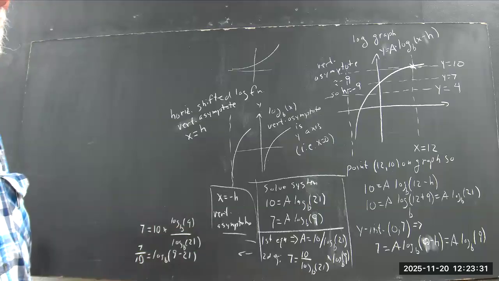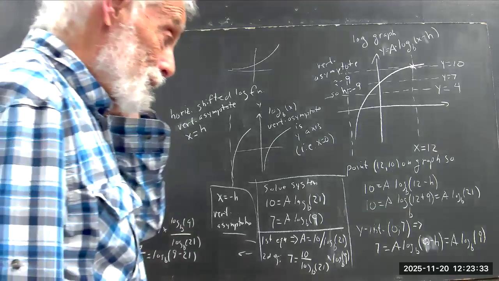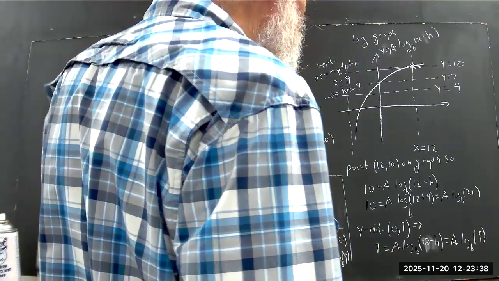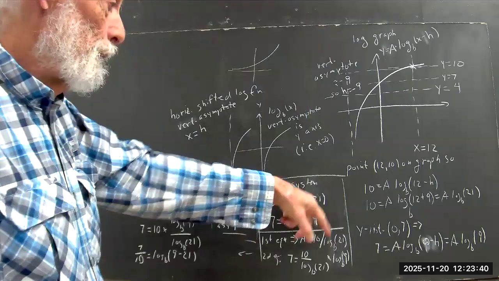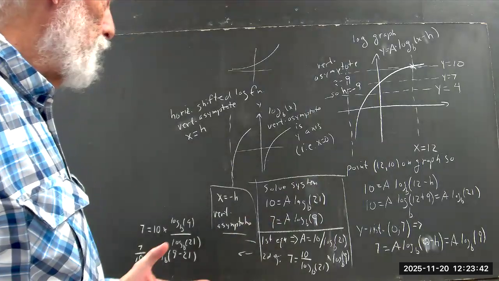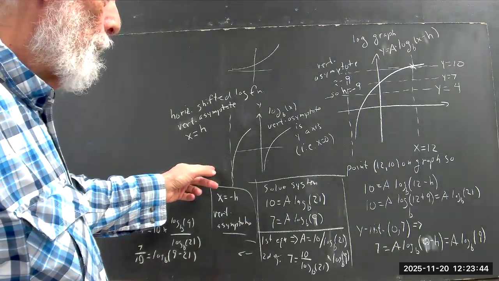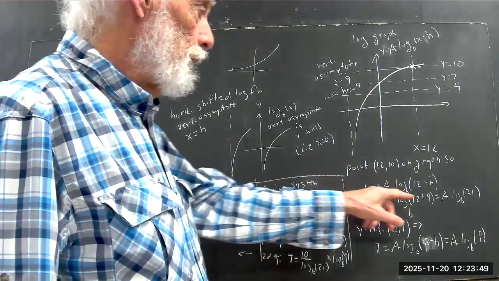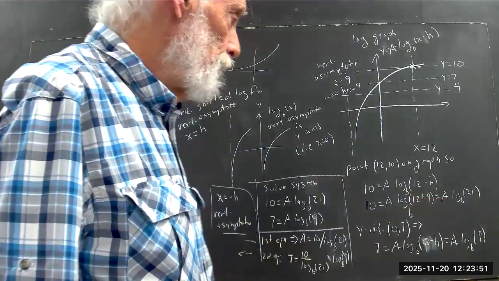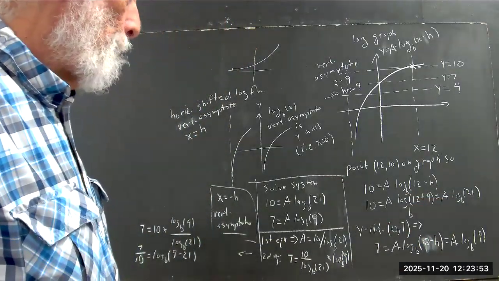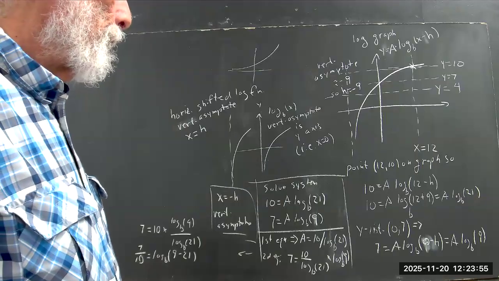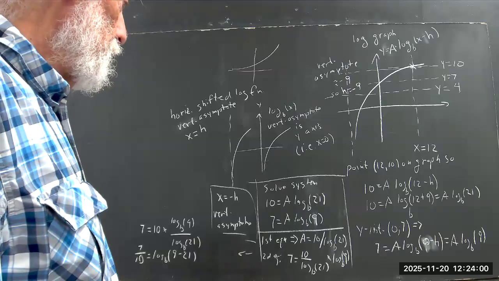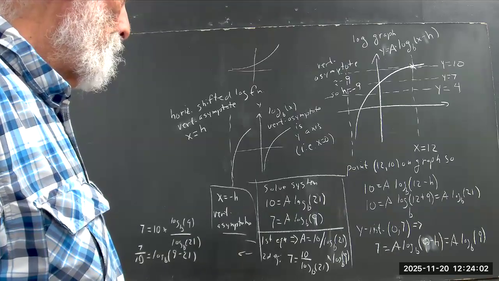We're out of time. And something must be wrong in one of these equations, but h is negative 9. The point is x equals 12, y equals 10, that's fine. Your log base b of 21. Seven equals a log base b of 9.